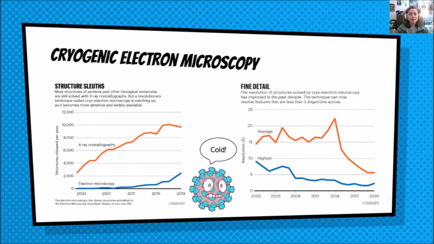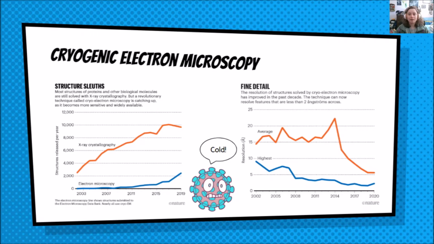So cryogenic electron microscopy, or CryoEM for short, is a microscopic imaging technique commonly used in biochemistry and cellular and molecular biology. Electron microscopes are really cool and a fairly new technology. While most imaging techniques use photons at a given wavelength or range of wavelengths to capture an image, electron microscopes use beams of electrons.